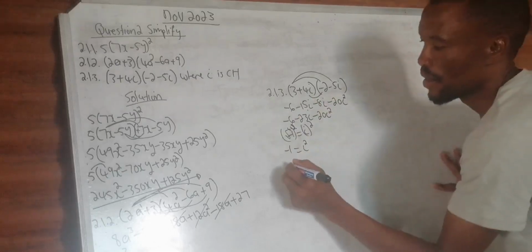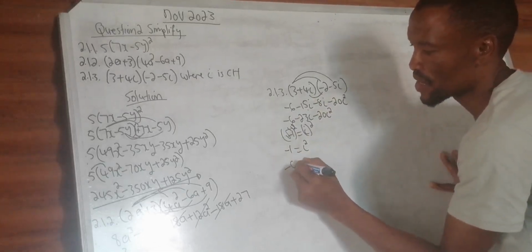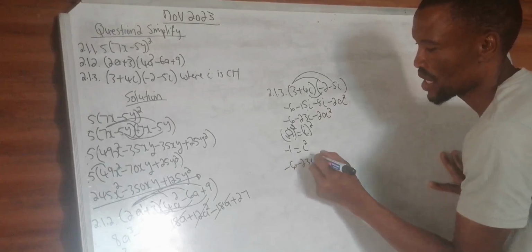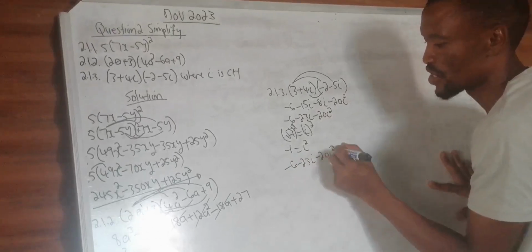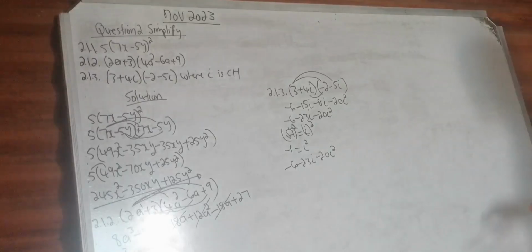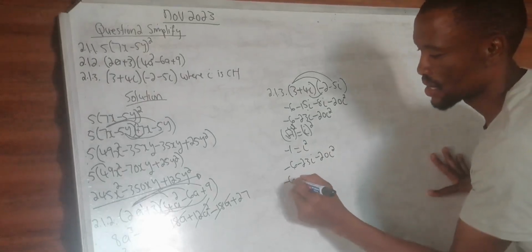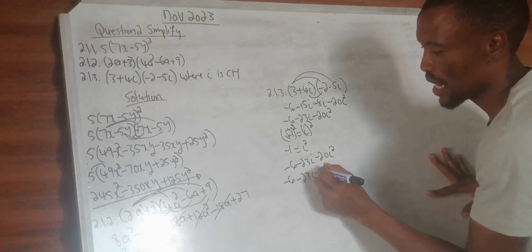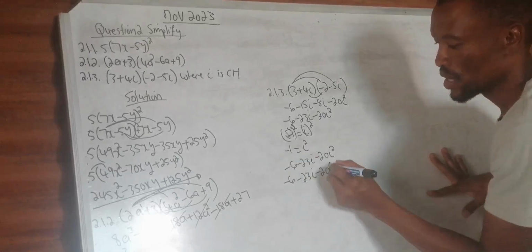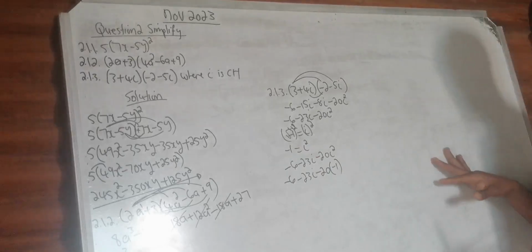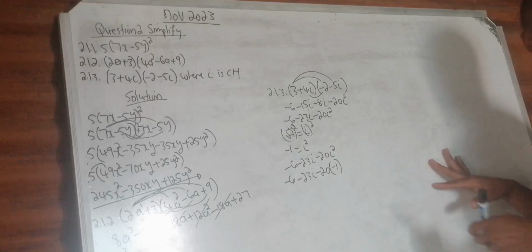So we have negative 6 minus 23i minus 20i squared. Replace i squared with negative 1. So it is minus 6 minus 23i minus 20 times negative 1, because i squared is negative 1.